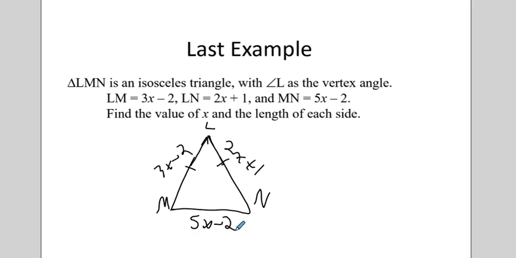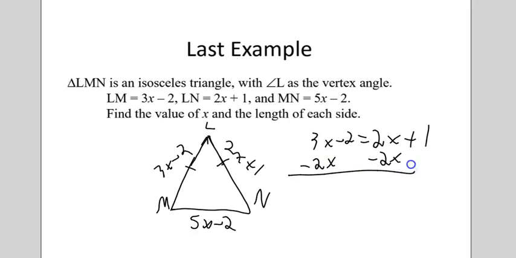I'm going to take the 2 sides, the 2 legs, and say 3x minus 2 equals 2x plus 1. I like to keep my x's positive, so I'm going to move them to the left. That gives me x minus 2 equals 1. Add 2 to both sides, and I get x equals 3. So that's my x.